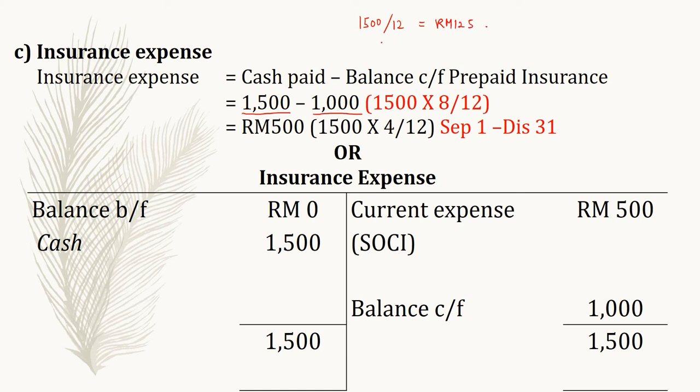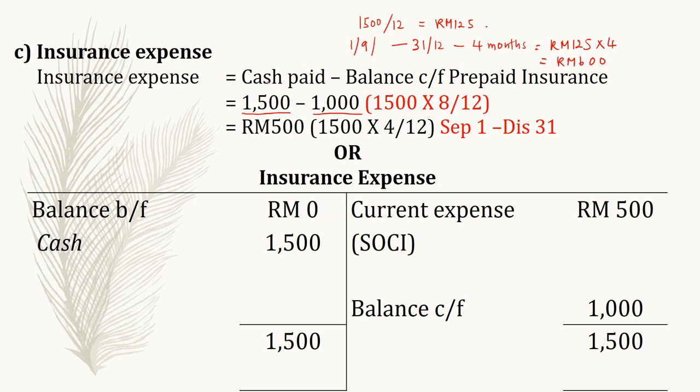So the amount that you already spent for the insurance starting from 1st September until 31st December is only 4 months. So the expenses is actually 125 times 4. Okay, that is 500 ringgit.